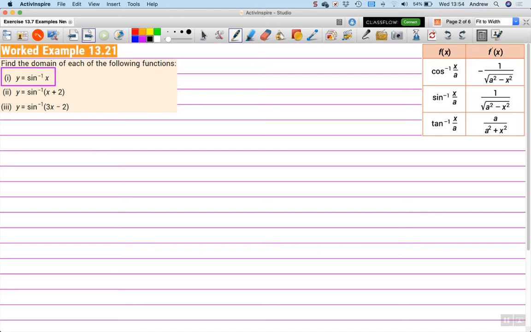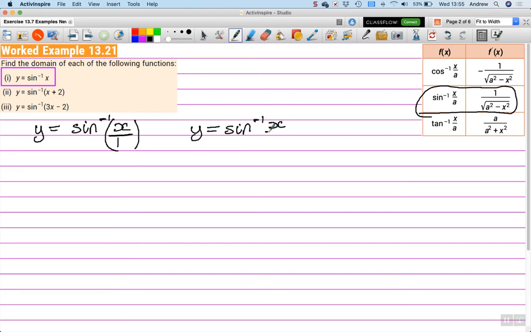So we're going to look at y is equal to the sine inverse of x, which we immediately write as x over 1 and put that in brackets. We're going to be using the formula over here on the right-hand side. And in that formula, we've got y is equal to sine inverse of x over a.